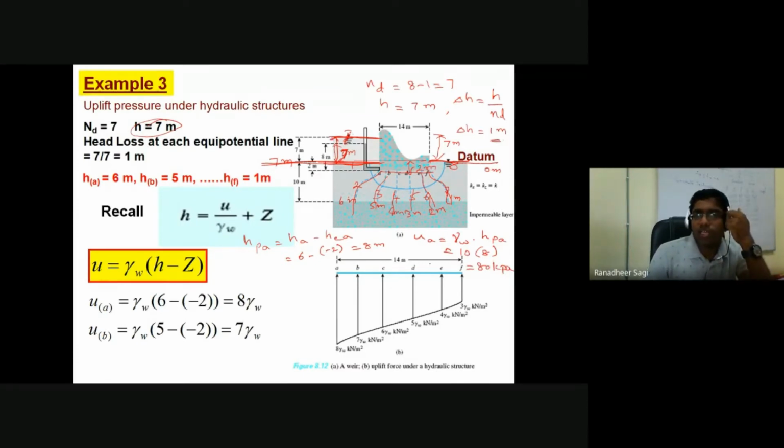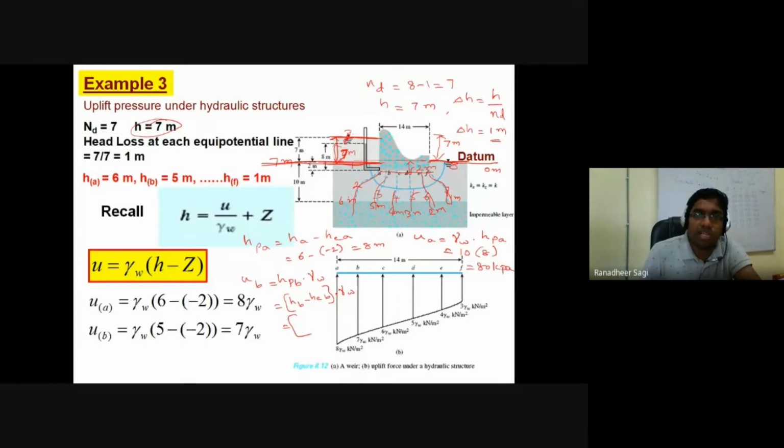Likewise, the pore water pressure at point B is nothing but the pressure head at point B into the unit weight of water. The pressure head at point B is the total head at point B minus the elevation head at point B, and the gamma W term gets carried along.